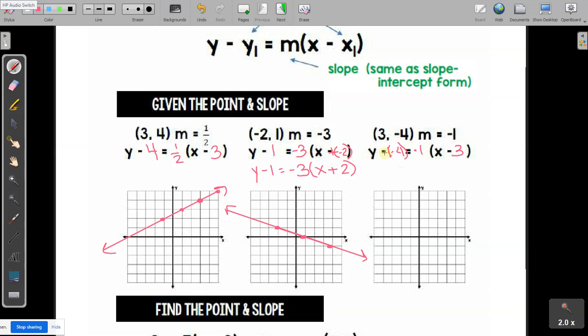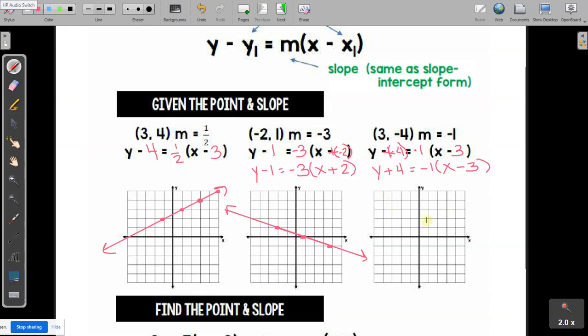Simplify. Minus a negative makes a positive. So we have y plus 4 equals -1 times x minus 3. You do not need to have the -1. You can just have a negative parenthesis, x minus 3. Both of them are correct.